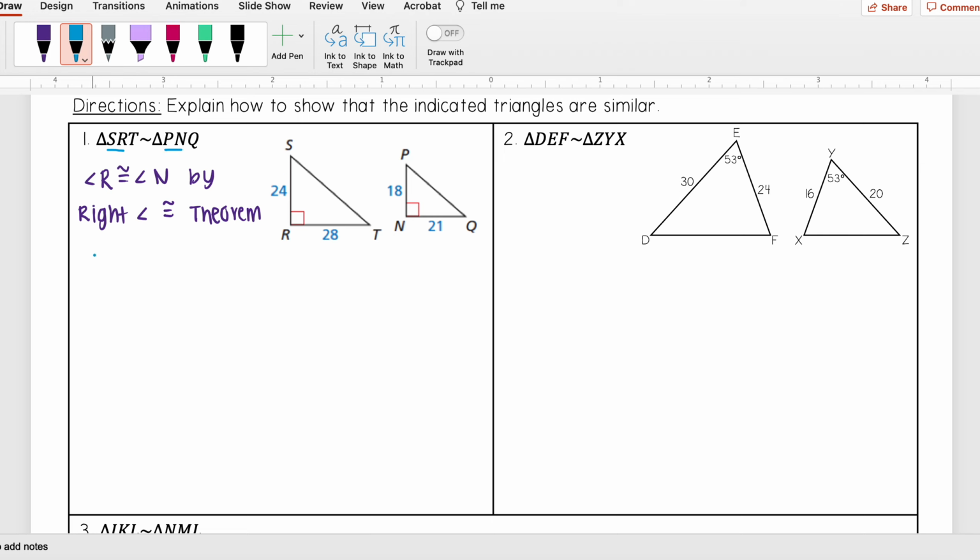So I'm going to have SR over PN. SR has length 24, so I have 24 over PN, which has length 18. And then I need to reduce this fraction, and I see that 6 can go into both 24 and 18. So dividing both top and bottom by 6, I get 4/3.